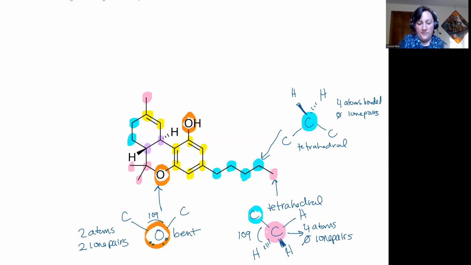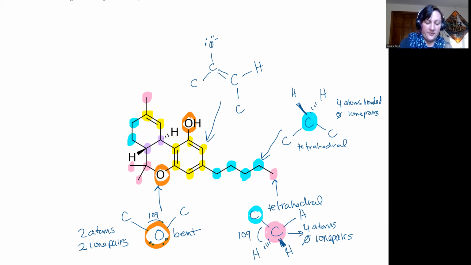All right, let's look at a different one. Let's look at one of these that are yellow that have a double bond. Here we have a carbon that is double bonded to a carbon, bonded here to an OH, to the oxygen, and then to another carbon over here and another carbon here.